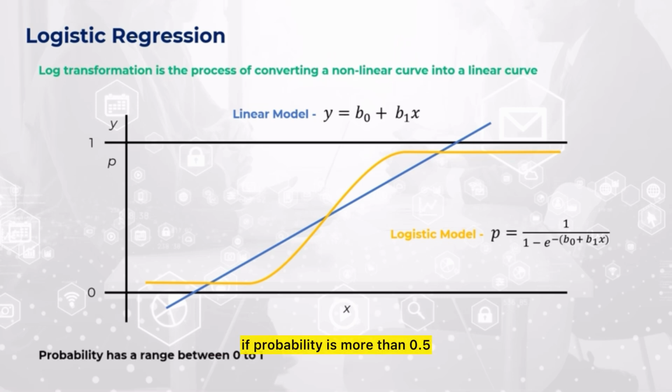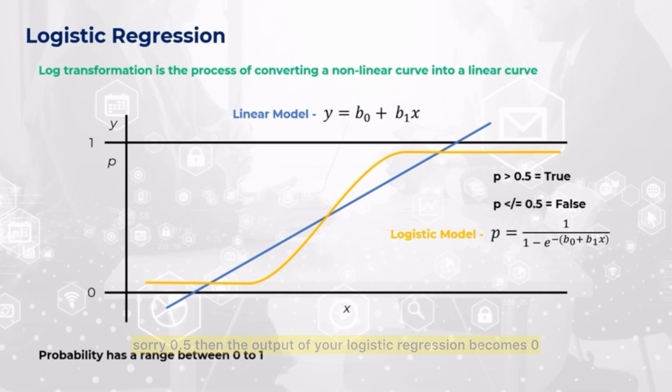If the probability is more than 0.5, this becomes a true output, or the output of the logistic regression becomes 1. If the probability is less than or equal to 0.5, then the output of your logistic regression becomes 0 or false.